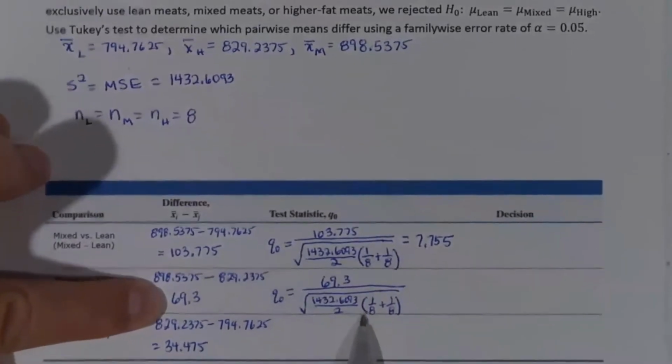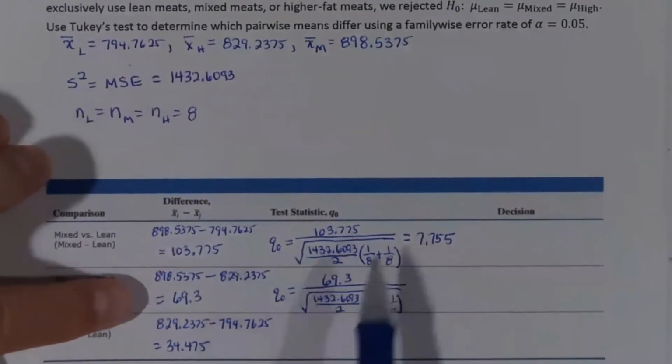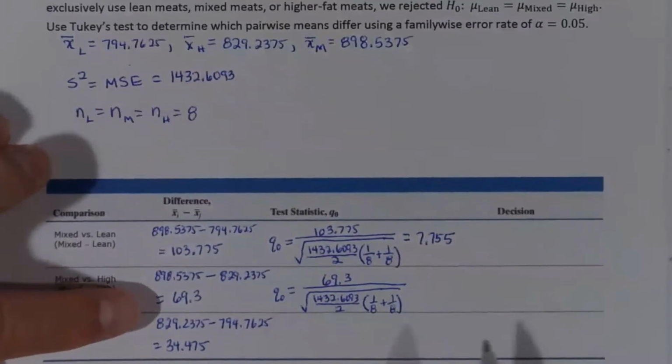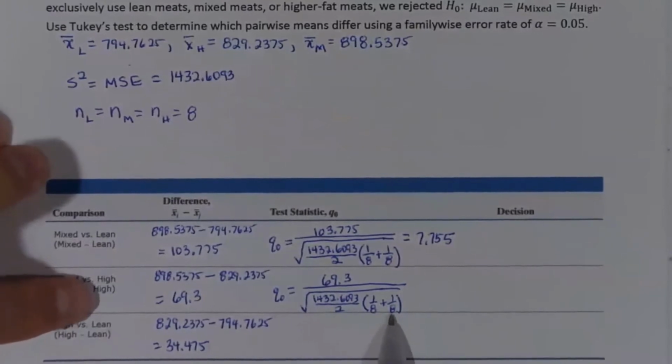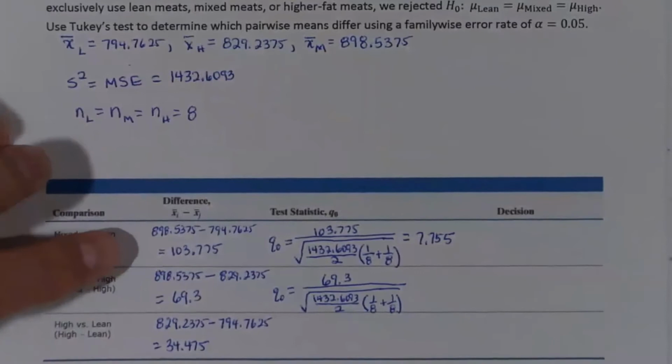Again, it's both 1/8 because the sample sizes are all equal to 8. Technically, this is the sample size for mixed meats, and this is the sample size for higher fat meats. But because they're all 8, that makes this easy.